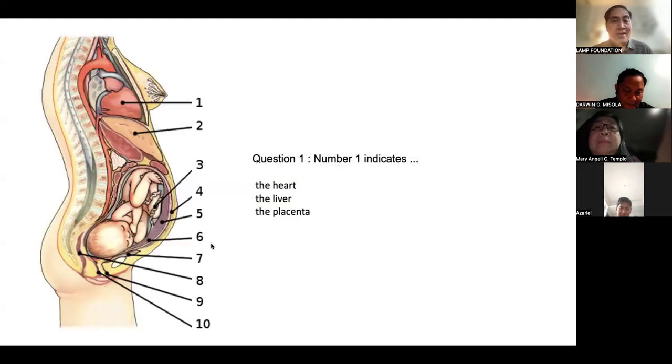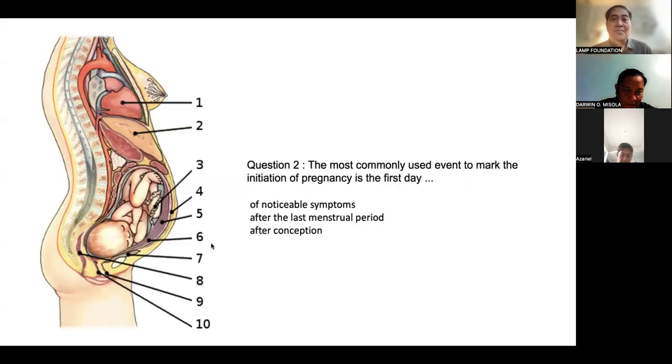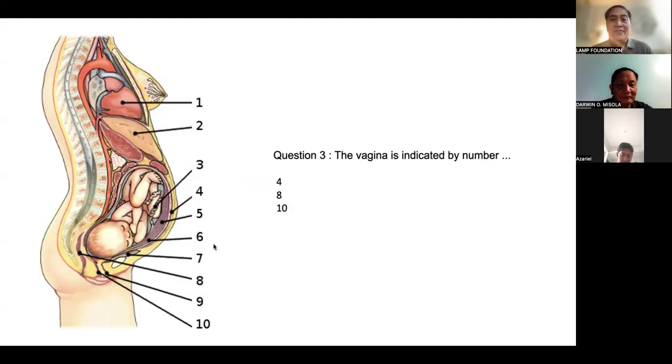Number 1 indicates a heart. The most commonly used event to mark the initiation of pregnancy is the first day when? After the last menstrual period. Okay, you should know this. Yes, Doc. The vagina is indicated by number 10.